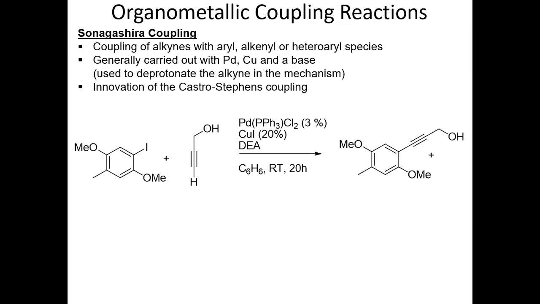Depending on the substrate you're reacting it with, if it's something that's not aromatic, something that's prone to substitution, the acetylide anion after you deprotonate it can be used as a nucleophile. Sometimes, depending on the substrate, it can be used as a base. But here, you deprotonate it to activate it to participate in this reaction. So again, you have palladium, you have copper iodide, and then a triple bond and an aromatic halide, right?